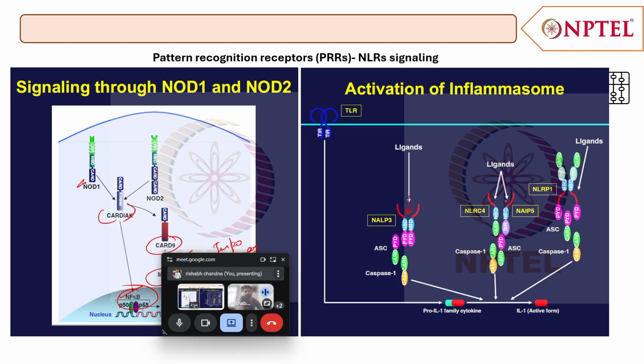Then we have NLRC4, NAIP5 and NLRP1 that, in response to ligands, activate caspase 1 dependent pathways that increase the IL-1 beta family of cytokines, releasing IL-1 beta and IL-18. Okay, so these two are released by these inflammasomes once they are activated. So this is how NLR signaling takes place.